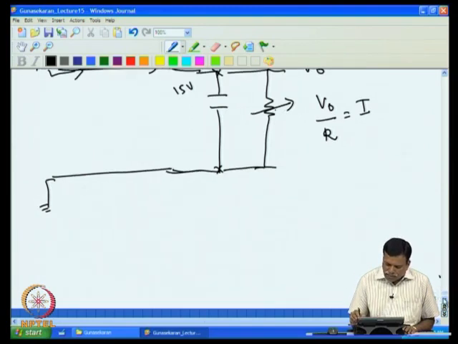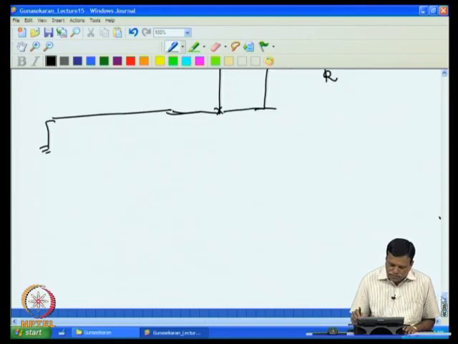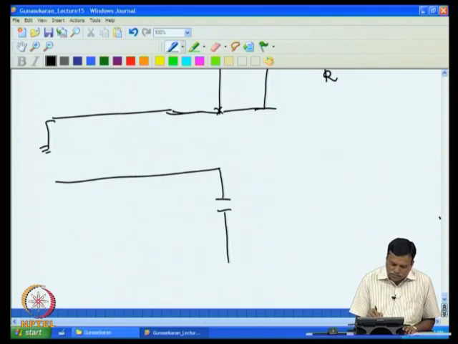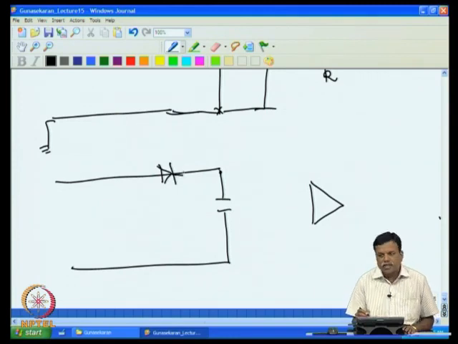What I do is I take this current source and put the capacitor here. Then I connect the operational amplifier here, and I power the operational amplifier also. To avoid the capacitor being discharged, I put a diode so that the current cannot go back.